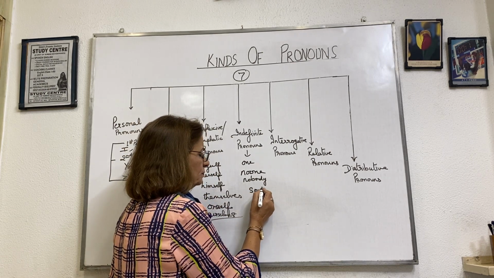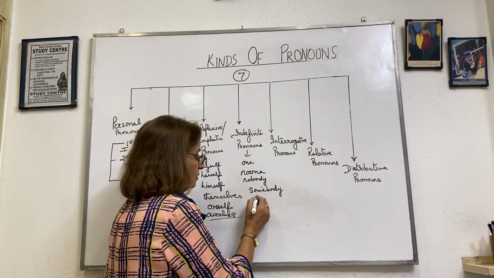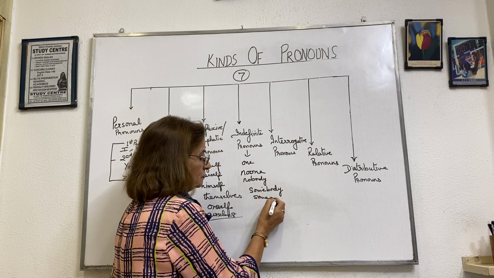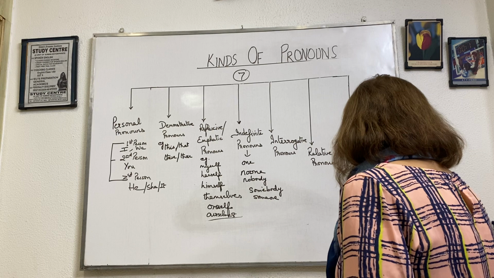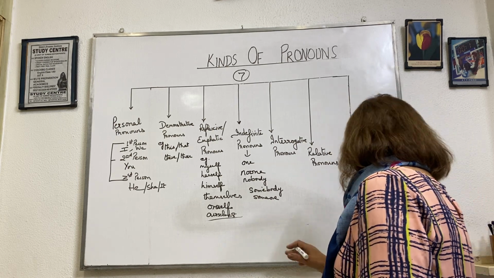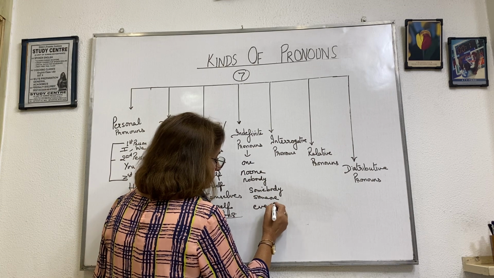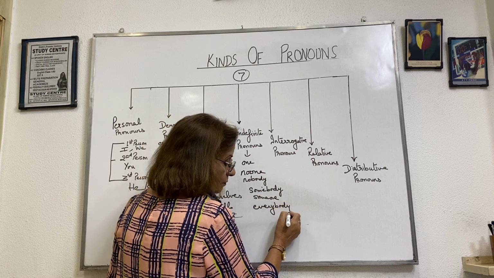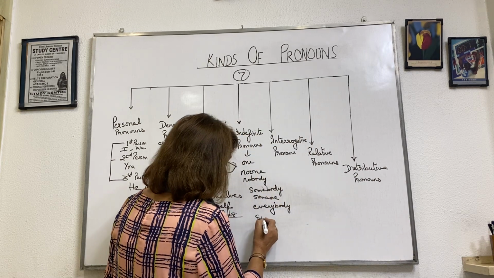Somebody. That means you don't know the person. Someone. Okay. So we use these words. Can you say anything with every, for plural? Everybody. Or I say something.